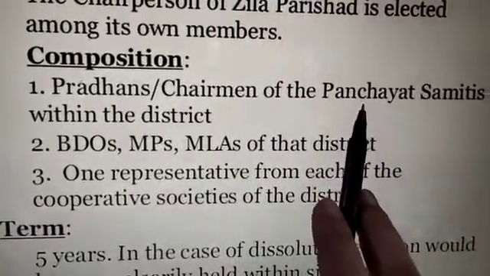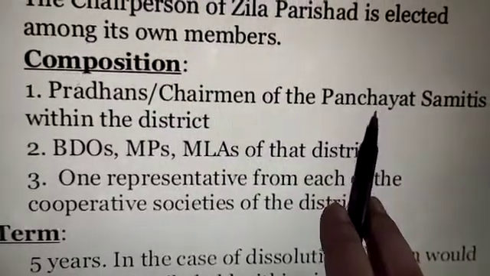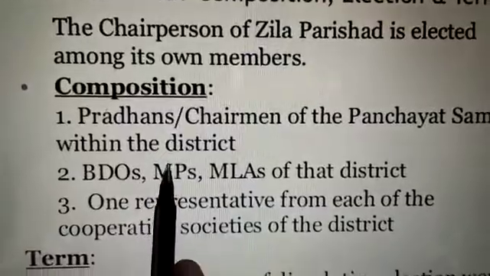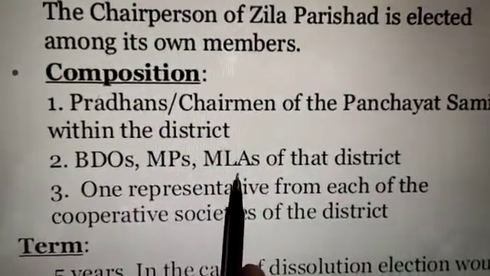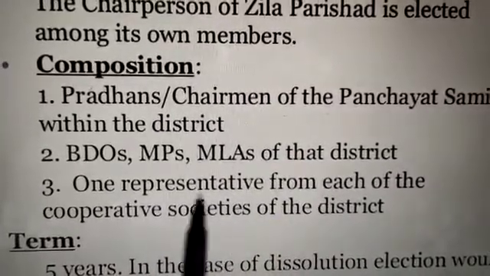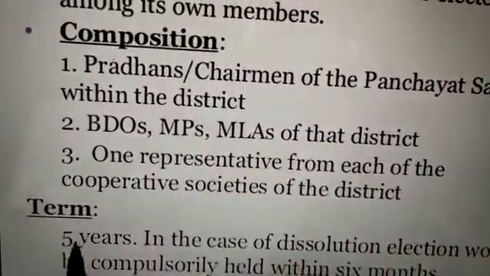That means all the Sarpanches of the Panchayat Samiti will be holding a position in the Zilla Parishad. Next, the block development officers, the MPs and the MLAs of that district, and one representative from each cooperative society. This composition is for 5 years.